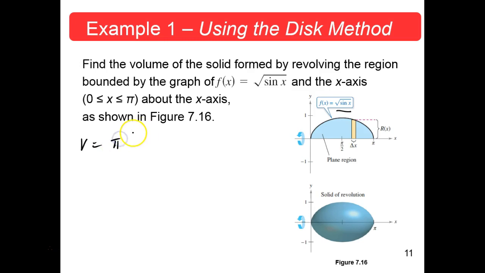Pi times, okay, you need the integral sign, right? Then the square root of sine x, and the x is, okay, all that's inside the radical. And what are you going to do with that? Square it. All right.